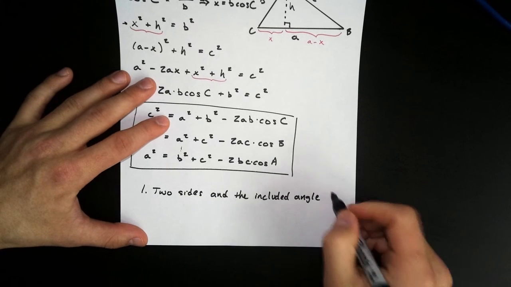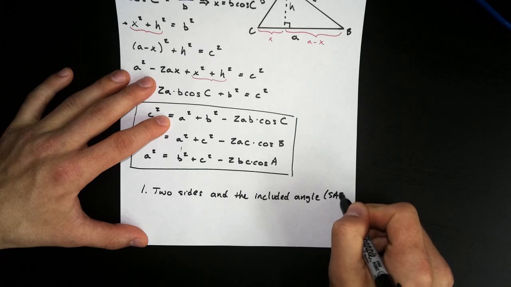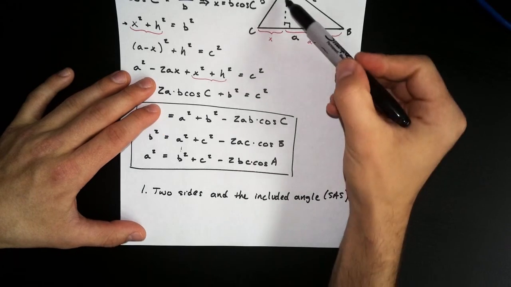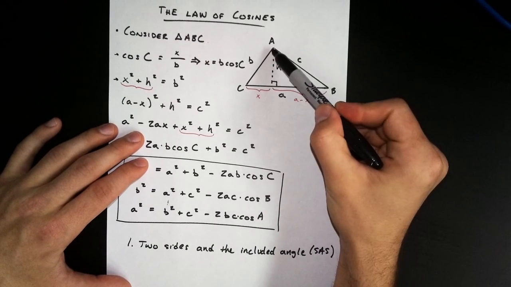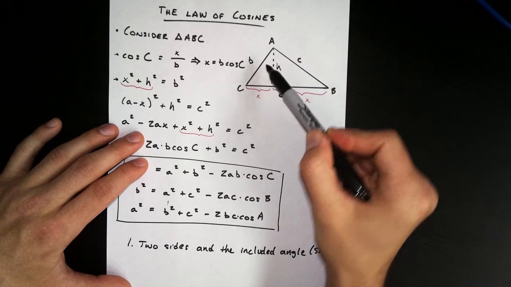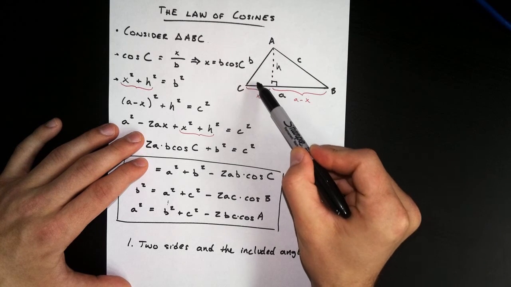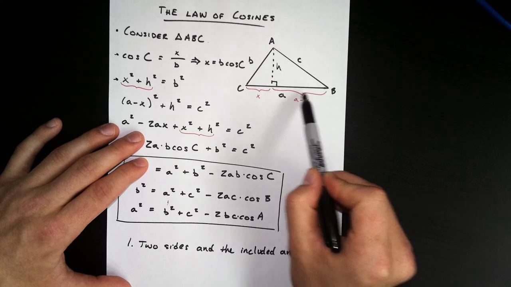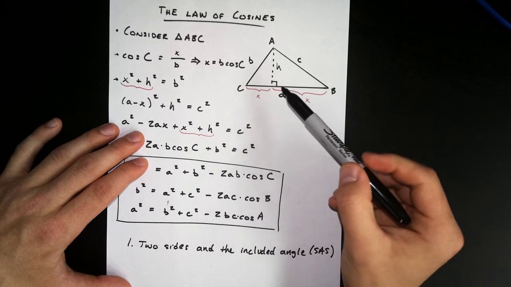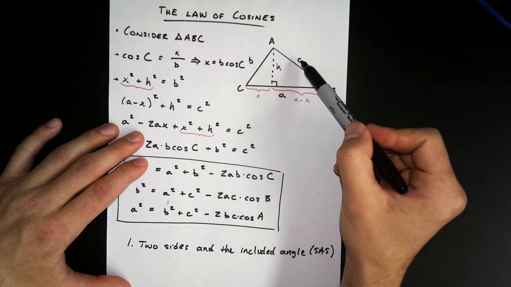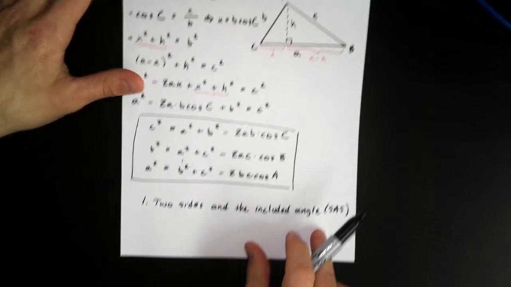So this would be side angle side. If I knew side AC, and then I knew the angle in the middle, and then I knew side BC, I could use the law of cosines to figure out the side opposite there.